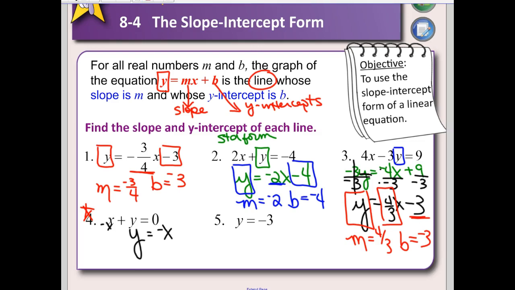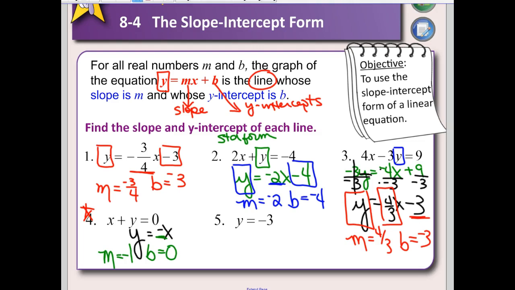So there's my slope-intercept form. So let's look. What is my slope in this equation? What's in front of x? Nice, that understood -1. What's my y-intercept? Well, there's nothing back here. Did you notice that? So that means that my y-intercept is 0 because there's nothing there.